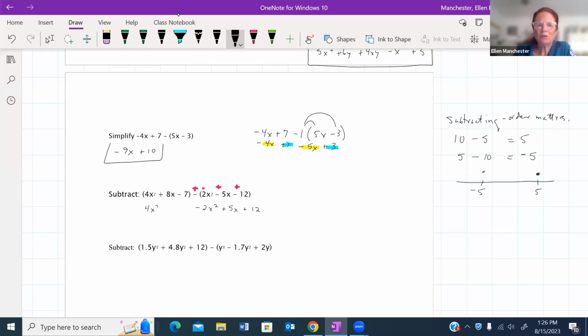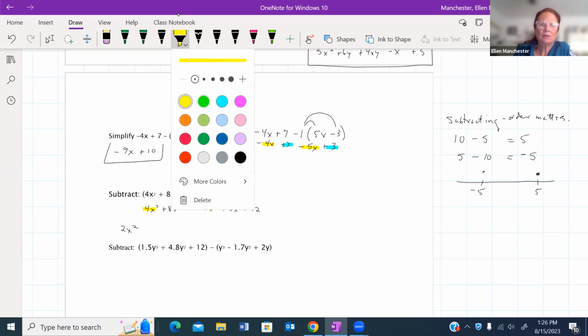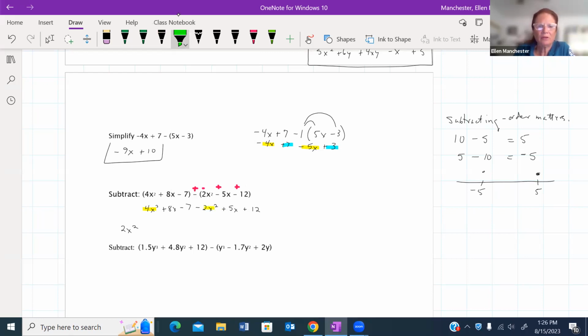So now I can add my like terms. I have my x squareds, which gives me 4 minus 2 is 2x squared. I have my x's, so 8x and 5x gives me 13x, and I have my constants last. The constants will always be the last thing that you add.